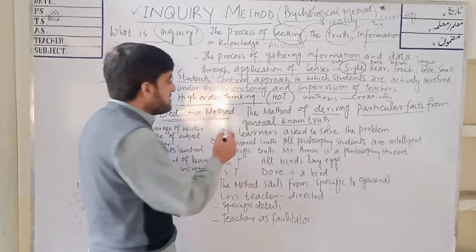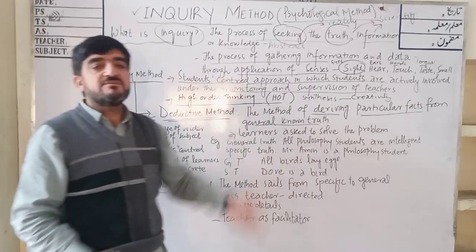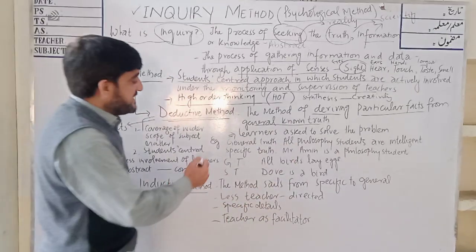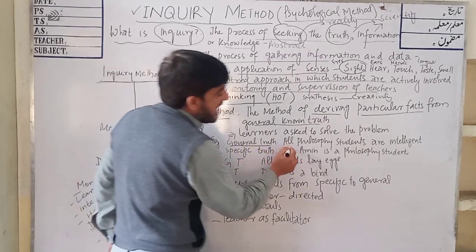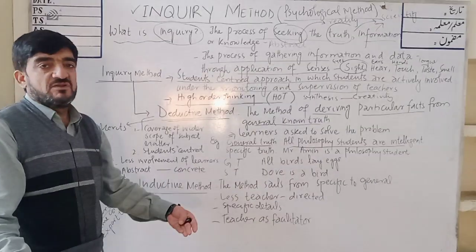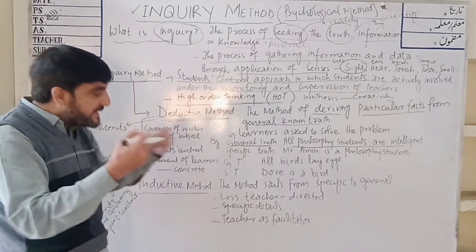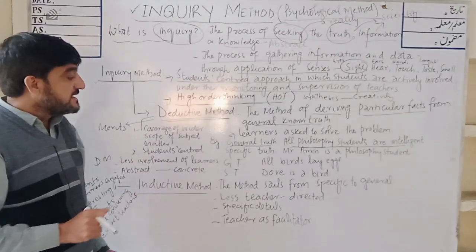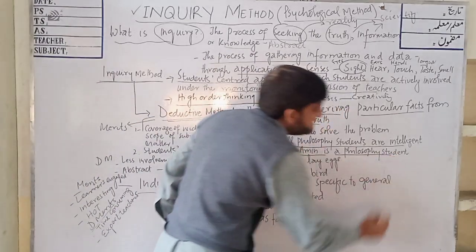In it the students or learners are asked to solve the problem, so it is student-centered. An example of deductive method: the general truth is all philosophy students are intelligent. Now we are going to deduce the specific truth through the analysis of this general truth. So the specific truth is Mr. Amin is a philosophy student.